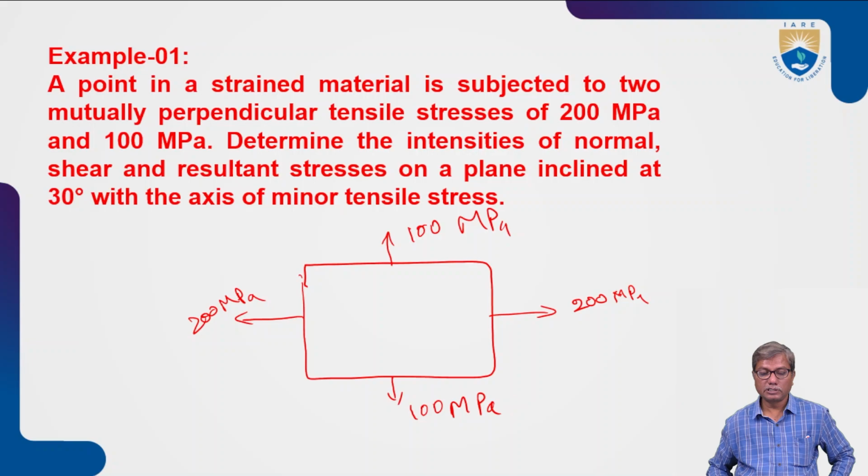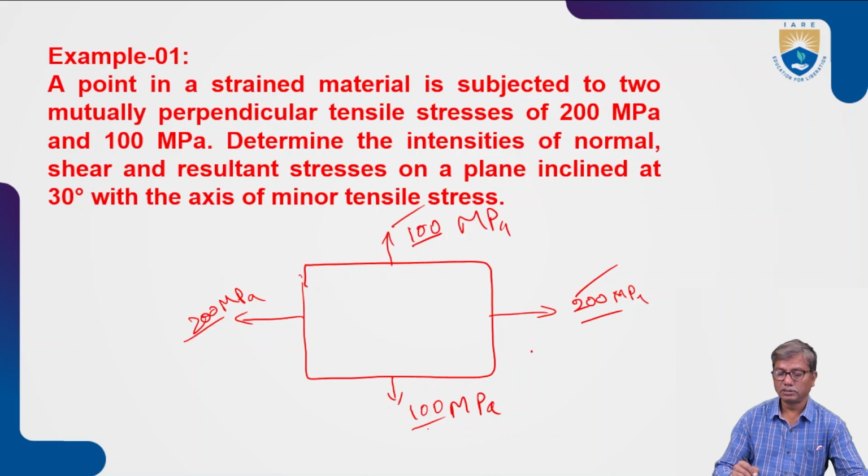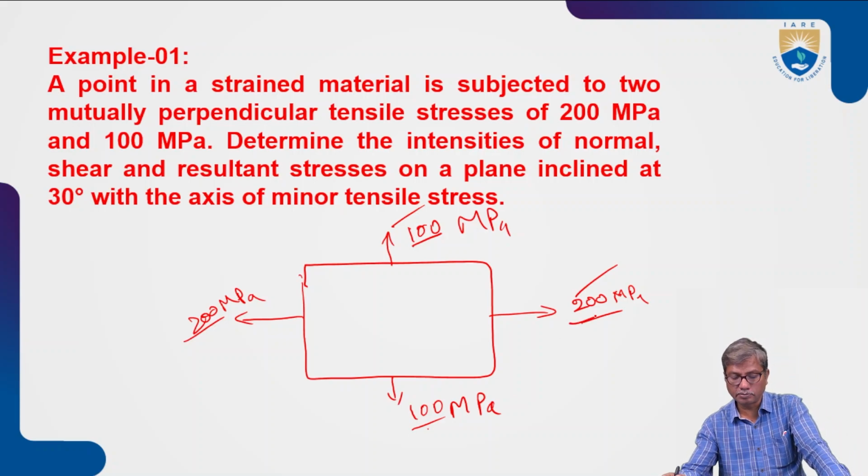So determine the intensities of normal and shear stresses and resultant stress on a plane inclined at 30 degrees with the axis of minor principal stress. That is important. Of these two, which is minor, 100 is minor, isn't it? The least is 100, minor principal stress, and this is major principal stress. The least one is called minor principal stress.